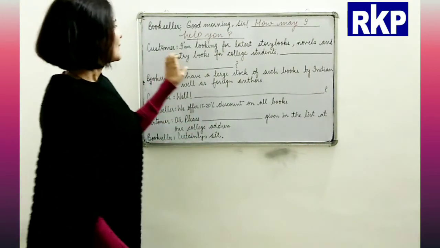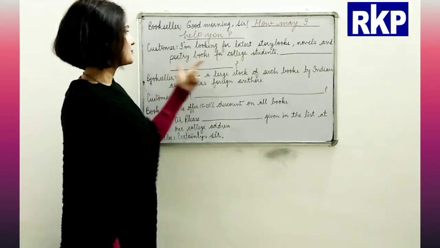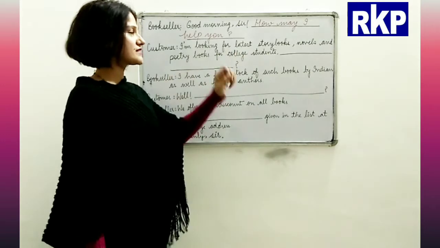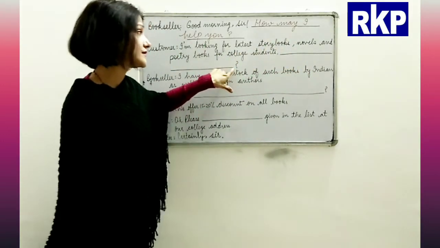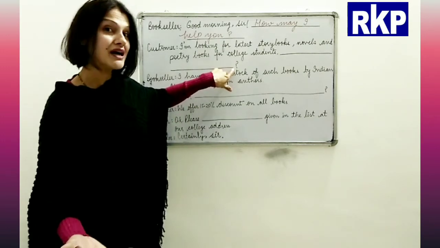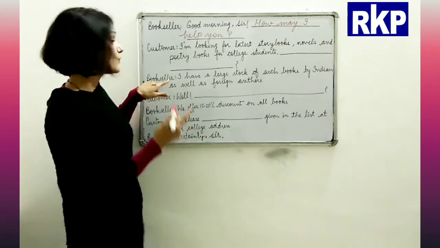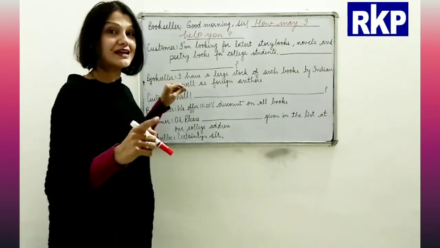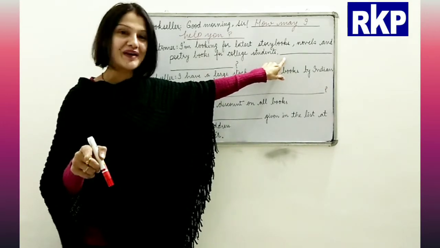Now, I am looking for latest storybooks, novels and poetry books for college students. Again here we have the blank space with a question mark, so he is asking something. Now, let's see the answer of the bookseller, and depending upon his answer, we'll supply the dialogue here.